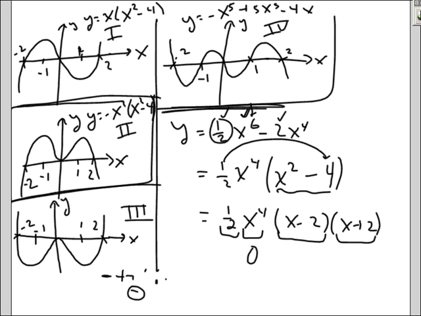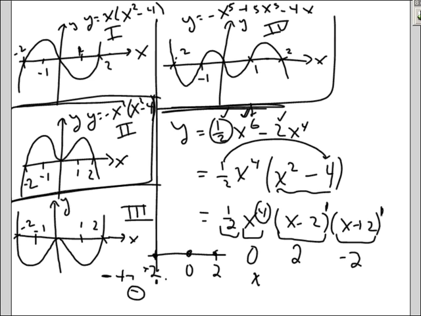The second one is 0 when x is 0. The third one is 0 when x is 2. And the last one when x is negative 2. And where there are no powers, understood to be 1. But with respect to the 0, the power was even, so we will not cross at 0. And basically, we cross at negative 2 and at 2, and we just touch at 0.